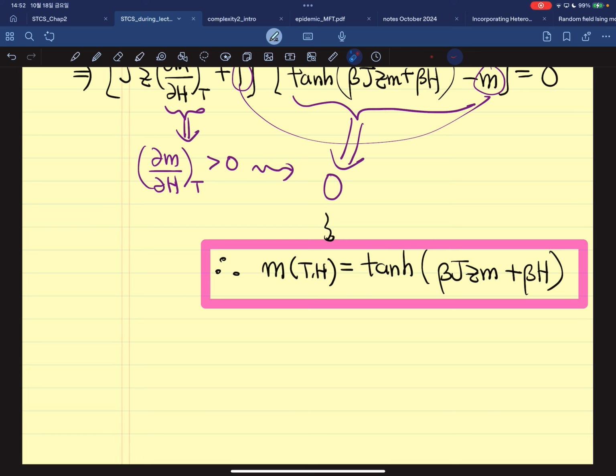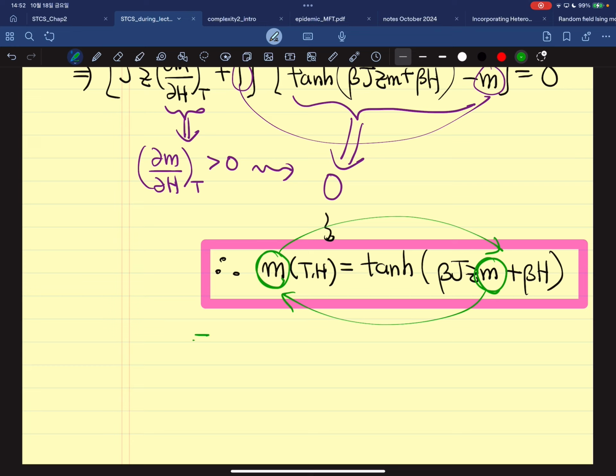But the problem is that the M here appears here as well. So to solve M, we should know what M is. But to know what M is, we should solve this one as well. It's a kind of circular argument.